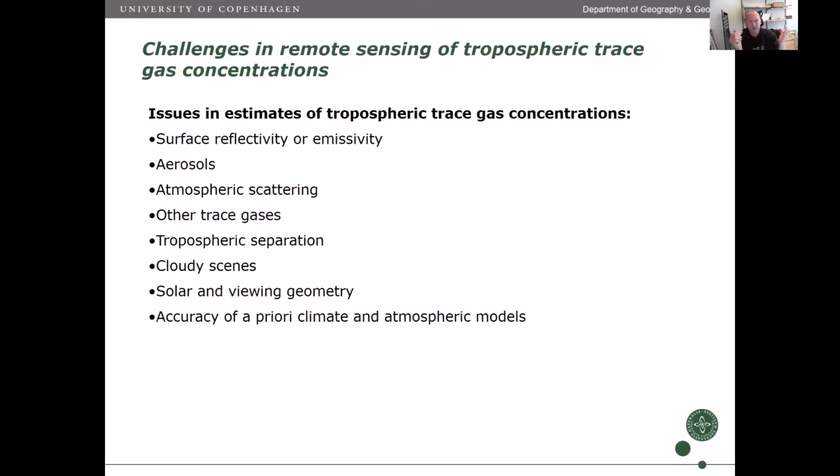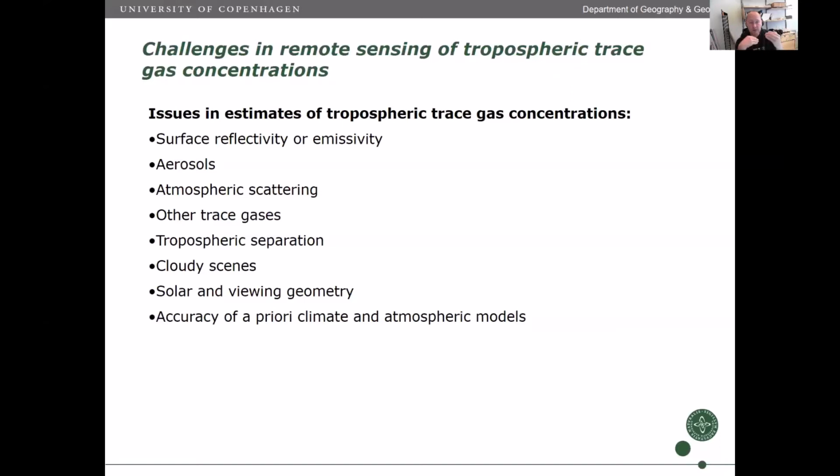Then we have atmospheric scattering. The reason the sky is blue is that some parts of the incoming solar radiation are scattered, and that's also another part that we need to deal with. The atmosphere does not only have the trace gas which we are interested in measuring.